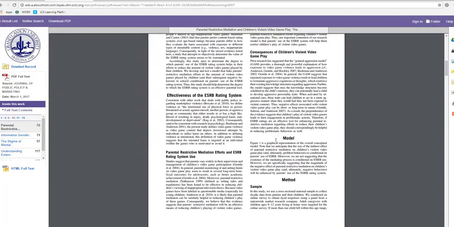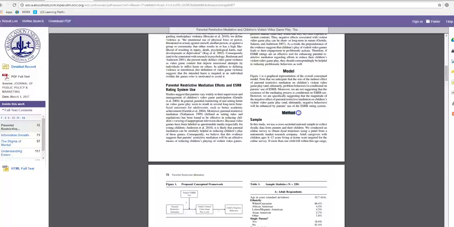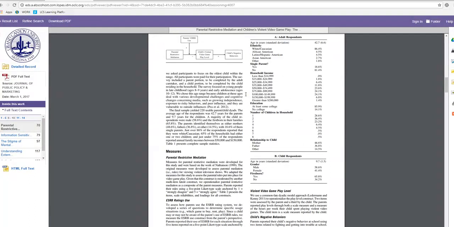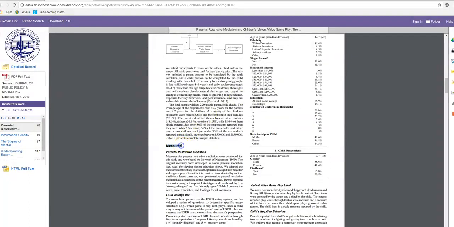Now if you scroll down, you'll see a methods section, which is basically like the sample pool. Who were the participants? What were their demographics? Who's involved in the study? You'll also see what they're going to measure. In other words, what are they trying to get out of the study? Are they doing a questionnaire, a Likert scale?